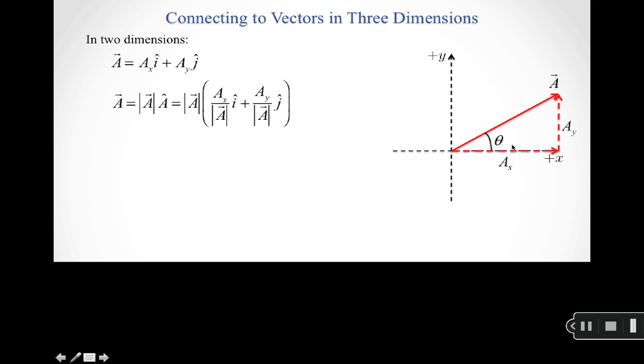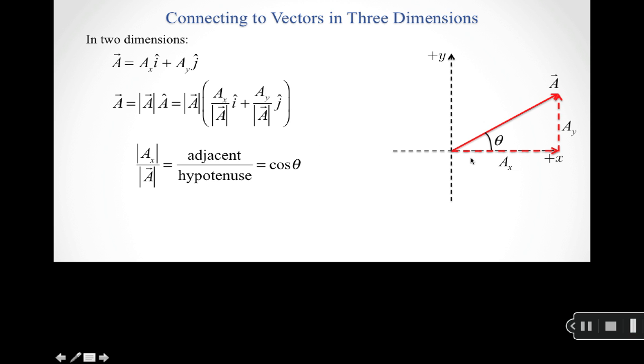And if I think about what that is, well, the x component is here. The magnitude of A is here. This is a right triangle, and so what I recognize is, given this angle theta, the x component is the adjacent side, the magnitude of A is the hypotenuse, and so this expression is really nothing more than the cosine of this angle theta that I've defined.